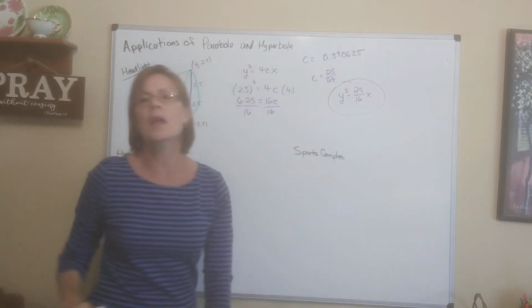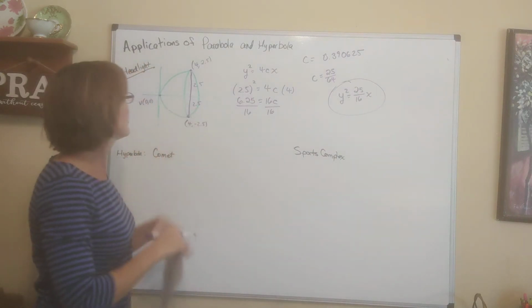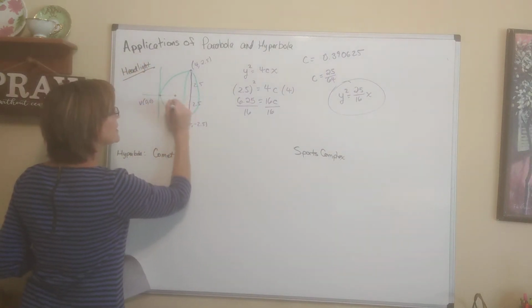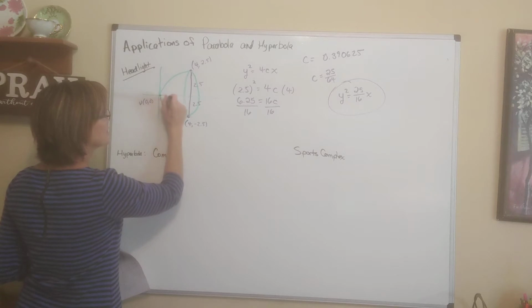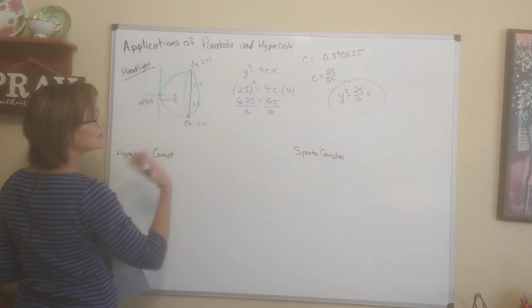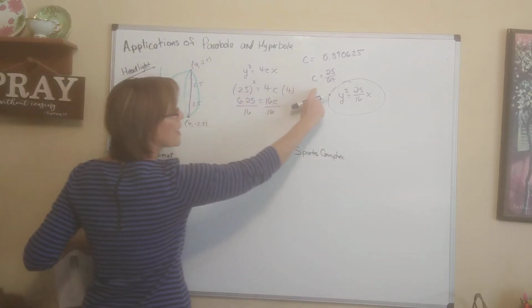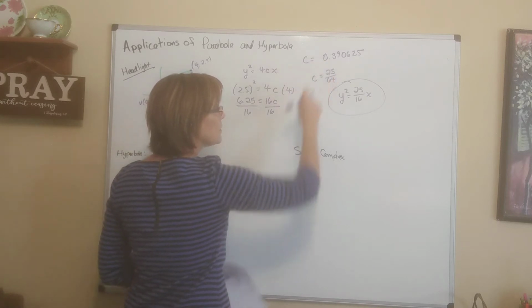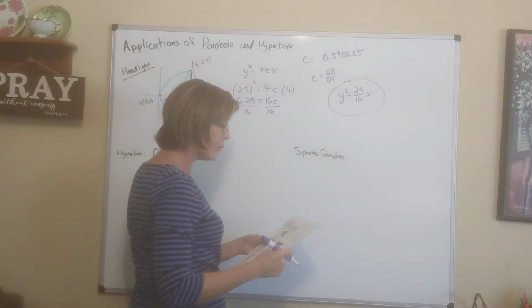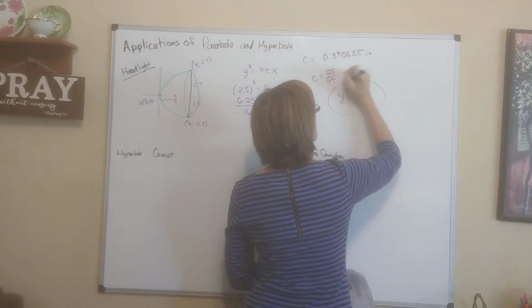But what they wanted me to ask is how far in do I put the bulb? Where's the focus basically? What is this distance? They're calling it D, but we know it's c. And c is equal to 25/64, or this decimal. The units on that are inches, because that's what everything's in.